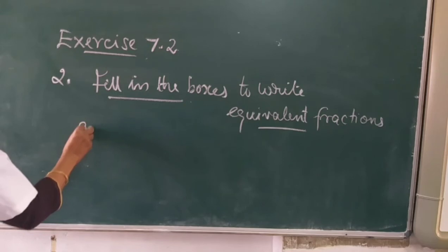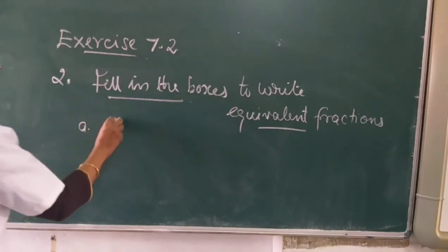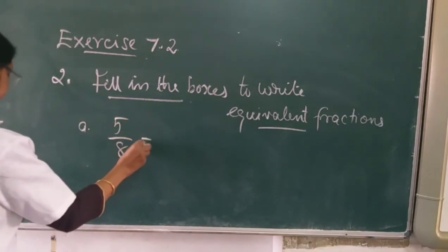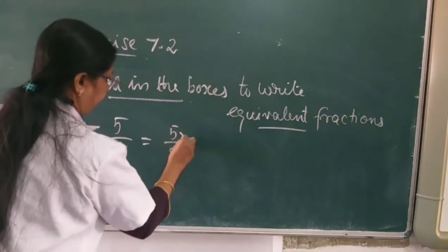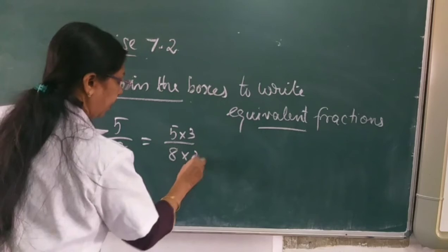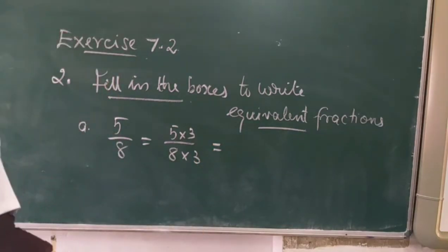Okay, first one, 5 by 8 is equal to 5 by 8 into 3 over 8 into 3 is equal to.